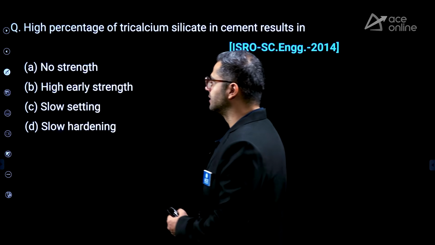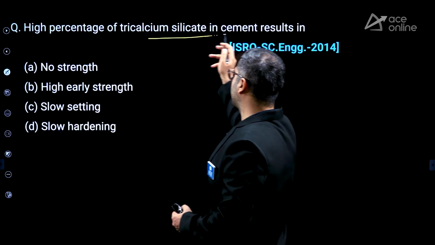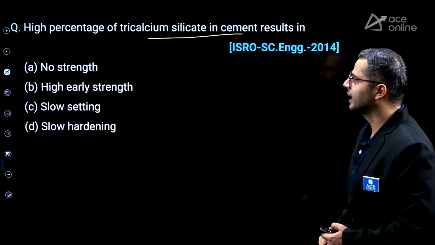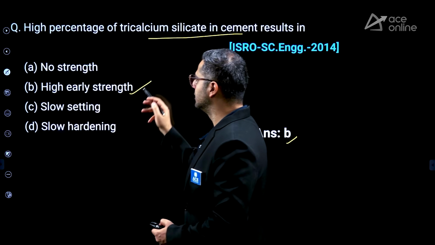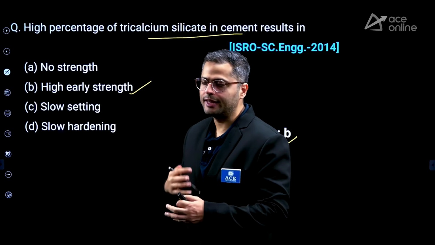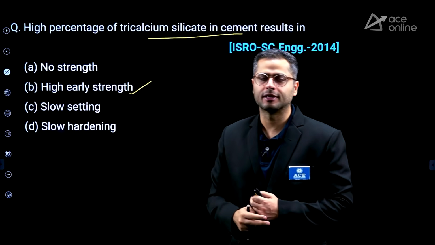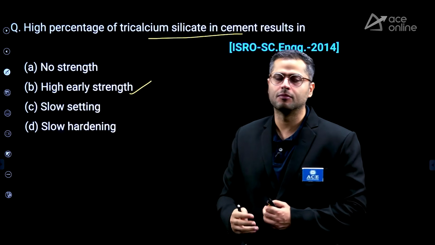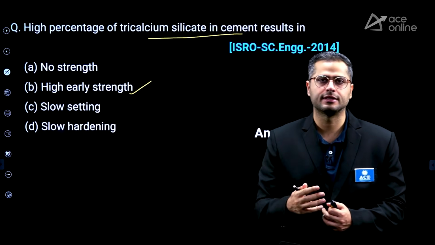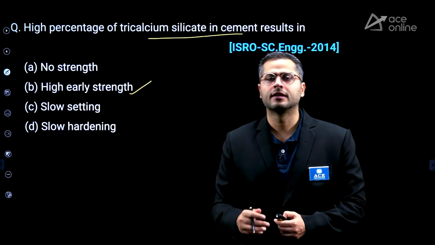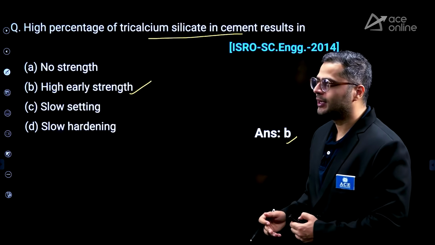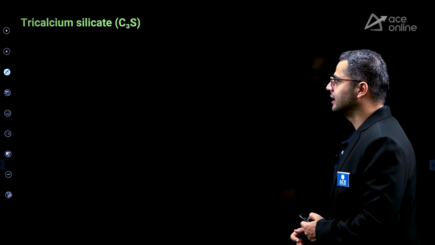Now, after that, they are saying a high percentage of tricalcium silicate in cement will result in high early strength because strength is produced by two of the four Bogue compounds, that is C3S and C2S. C3S is responsible for early strength and C2S is responsible for later stage strength.